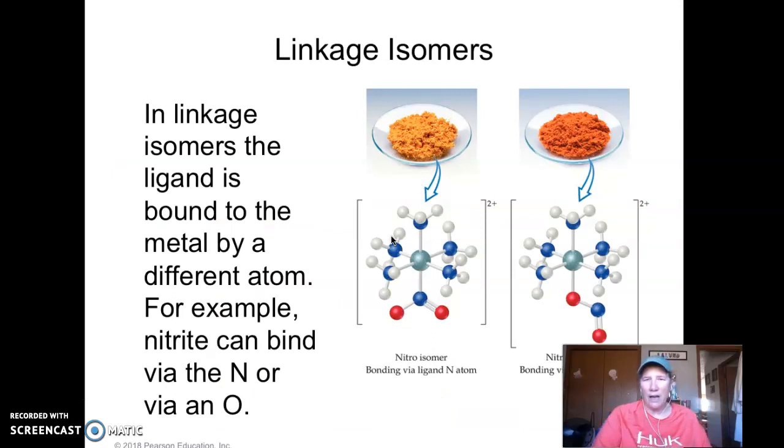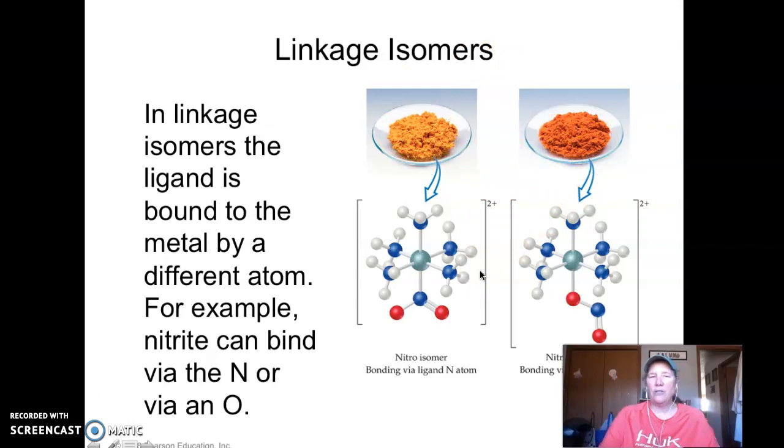Here's an example of a nitro isomer. You can't see it, and I'm really sorry, you guys. But because they move around a little bit, it's just here on the bottom. See how it's linked a little bit different? Here it's linked on the blue, which would be carbon, and here it's linked on the hydrogen. And because of that, you get different colors, you get different properties.